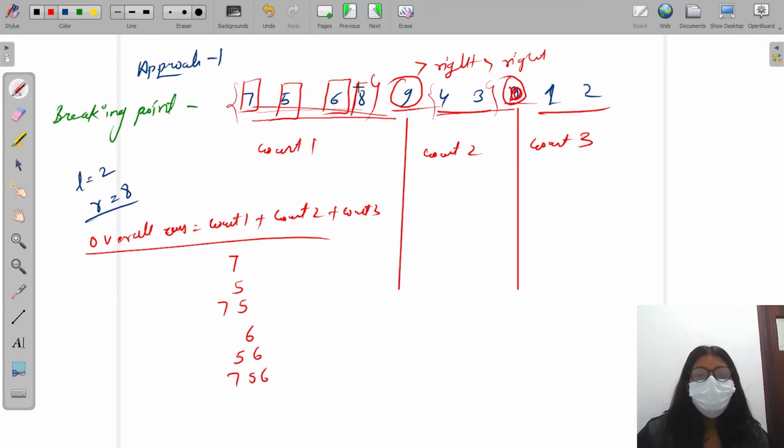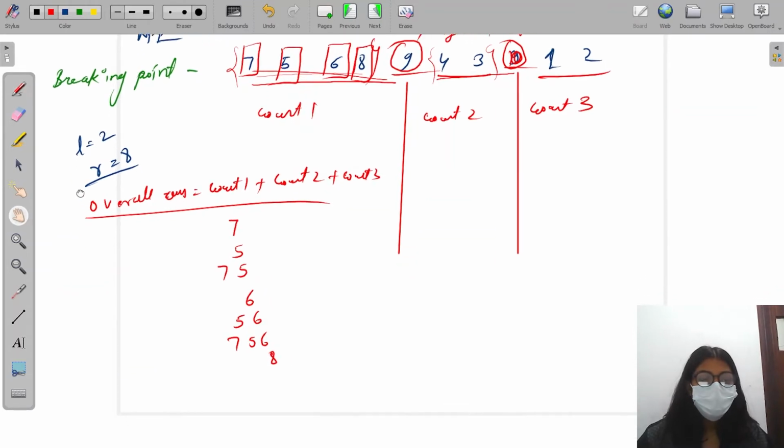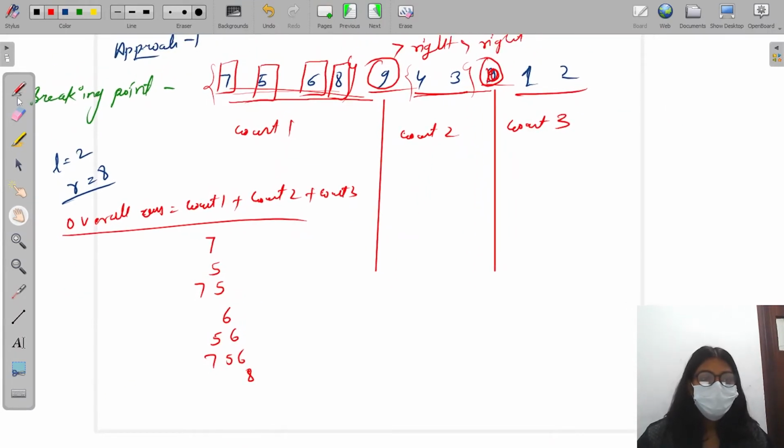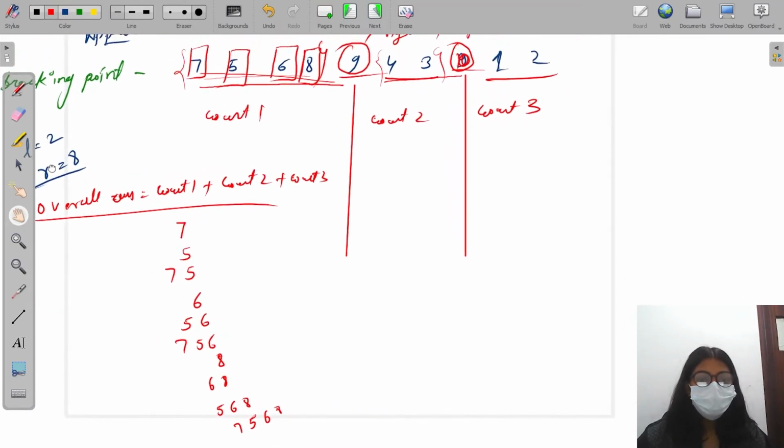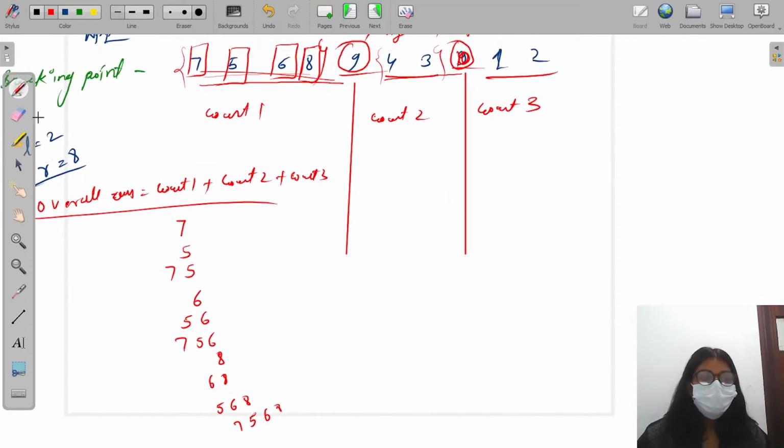All the subarrays that are ending at 8 are what? 8, 6, 8 and then 5, 6, 8 and then 7, 5, 6, 8. Right? These are all the possible subarrays that are ending at my 8.